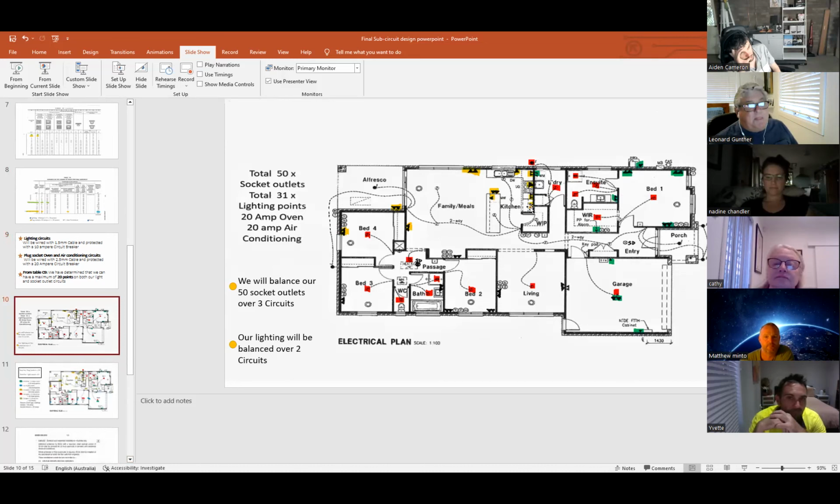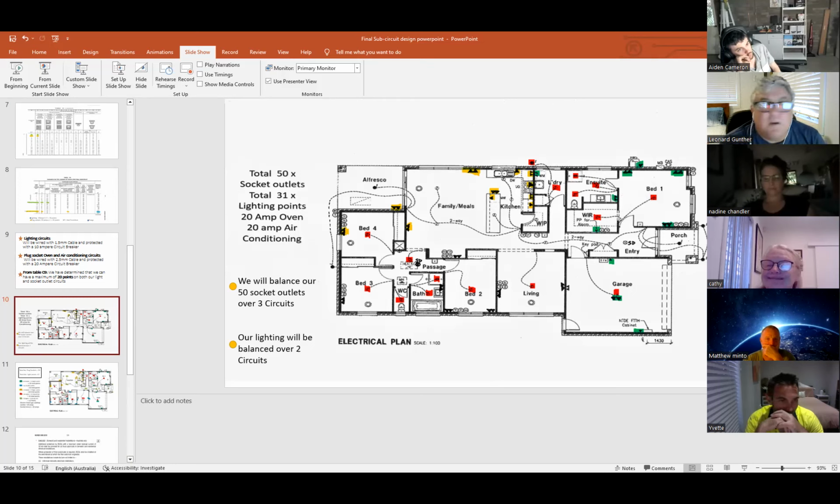So, looking at our plan, you can see I've highlighted a few things there. I've got these green ones here. I've worked out that we've got a total of 50 socket outlets. So if we divide 50 by 3, 3 17s is 51.